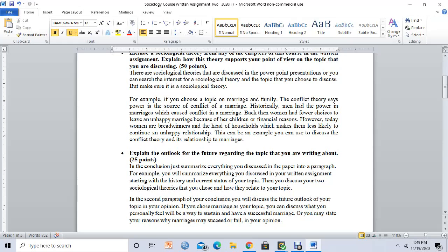Back then, women had fewer choices, as the conflict theory states, to leave an unhappy marriage because of her children or financial reasons, or even just the culture. If you're going back then, religious reasons, family religious reasons why. However, today, women are definitely breadwinners, and a lot of them are the head of a household financially, which makes them, according to the conflict theory, less likely to continue an unhealthy relationship. This can be an example of how you could discuss the conflict theory and its relationship to marriages.